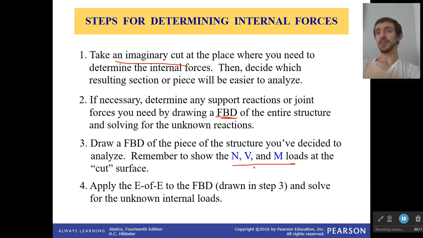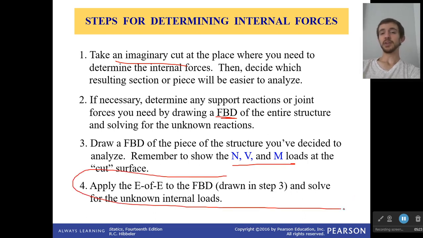And at the ends of those beams, you can then solve. You can find what the internal forces are. Now, any one of those might be 0. Once you've done that, you're going to apply the equation of equilibrium and solve for these unknown loads. You may have to do this several times because if you have multiple forces acting along a beam, the internal forces will change at each of these points. And the moment will change all along that beam.